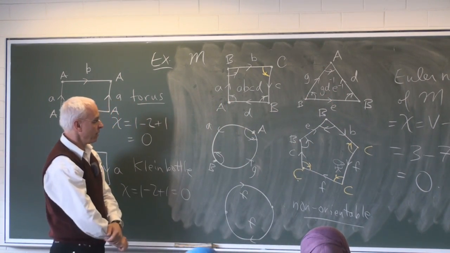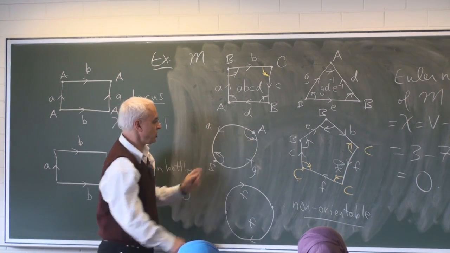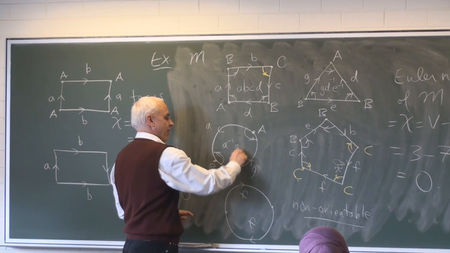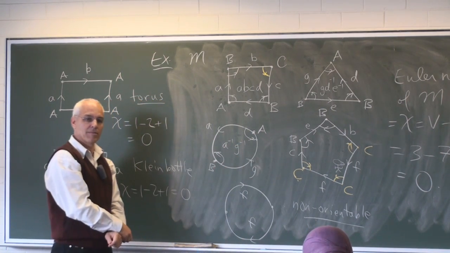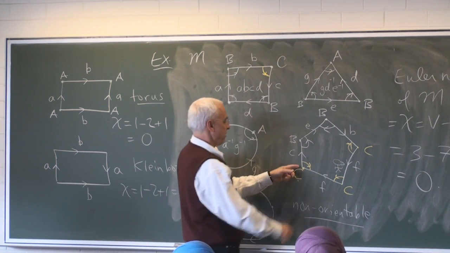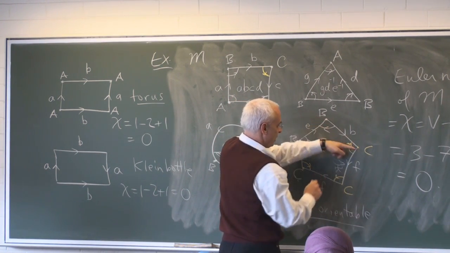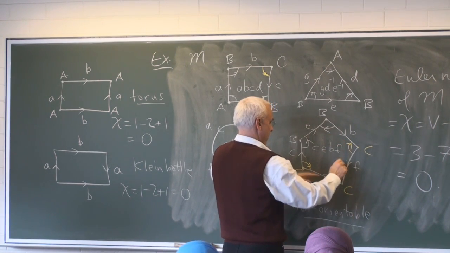What about this one? Well, this would be, say, A inverse, G inverse. And what about this pentagon? That might be C, E, B, F, F.